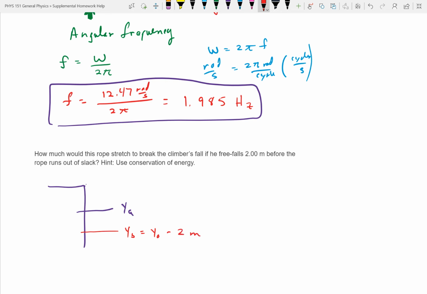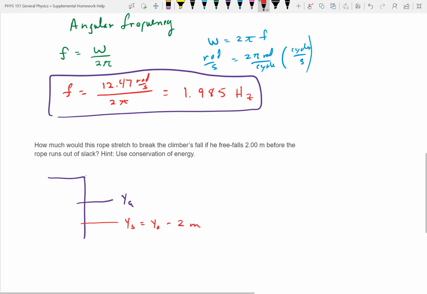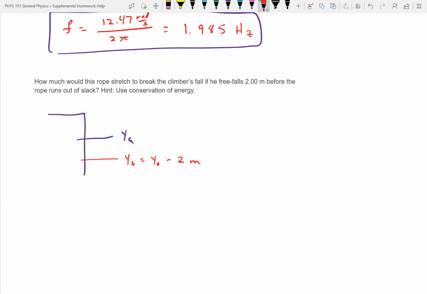So he falls down 2 meters before it becomes tight. And then he's going to fall down even further until he stops. And it tells us to use conservation of energy.